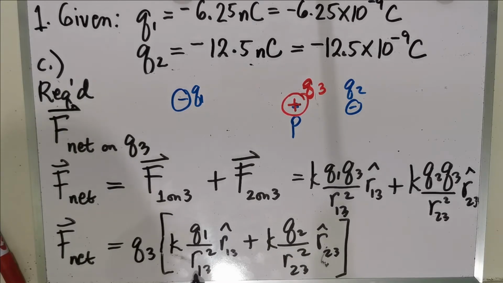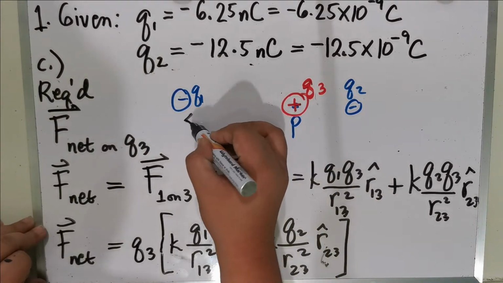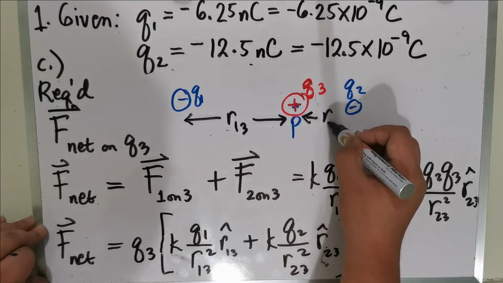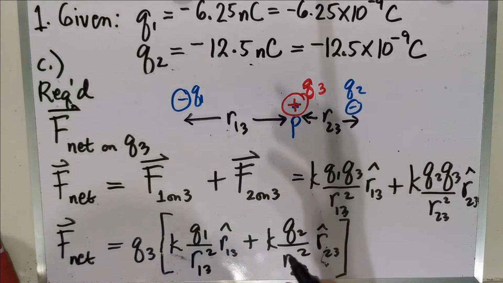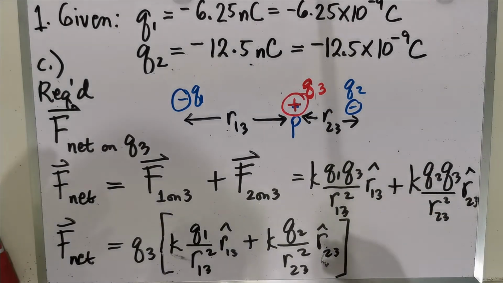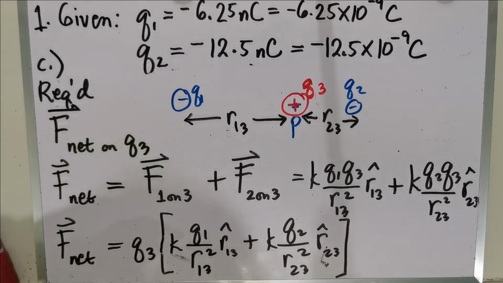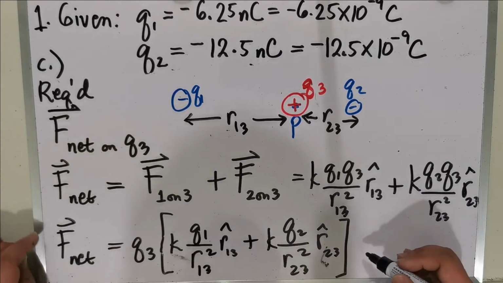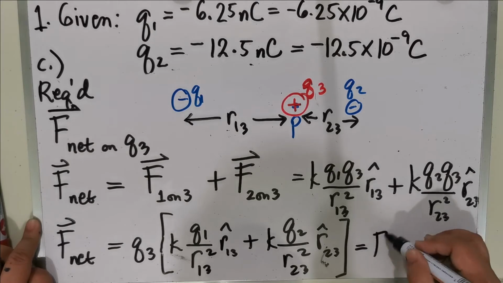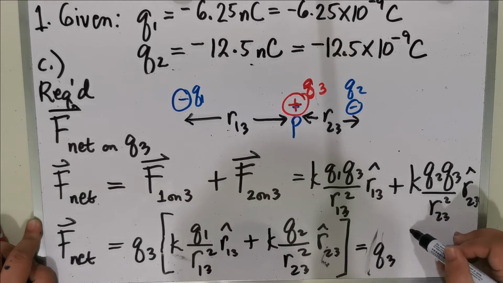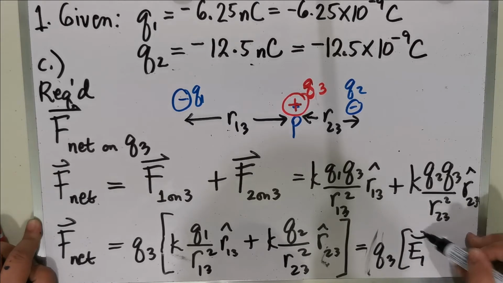Here R13 and R23 are the values of the distances we used earlier in letter B. So the total expression within the bracket is simply our answer in letter B. Simply, you have F net equal to Q sub 3 times E sub 1 plus E sub 2.